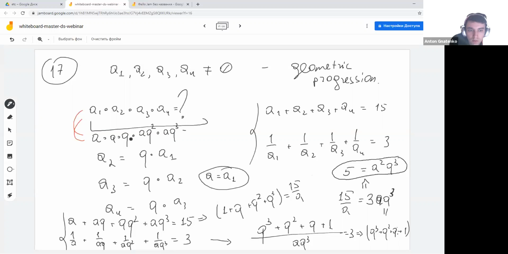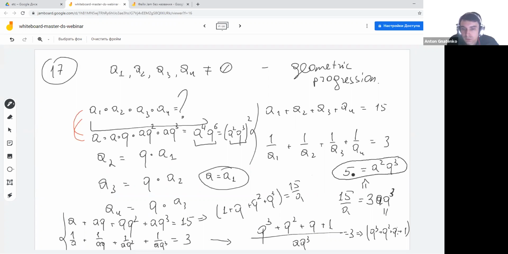The product is A to the power of 4, Q to the power of 6, which is A to the power of 2, Q to the power of 3, squared. Actually, I should have done this before going into details about computing, because now I know what I want to find. I want to find this thing, or something which will help me to compute this. And I have found it.